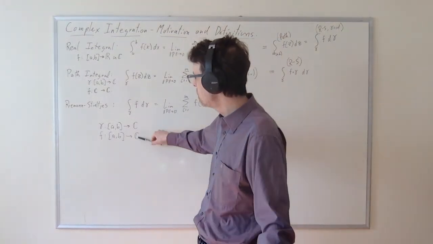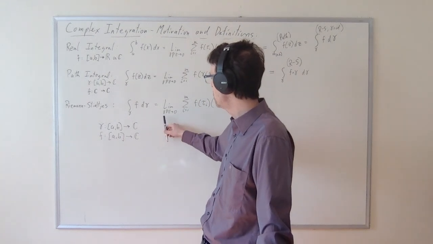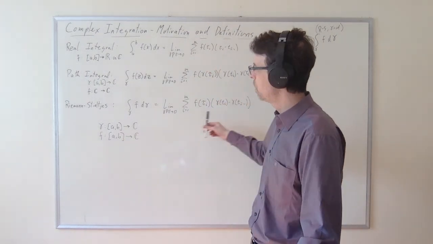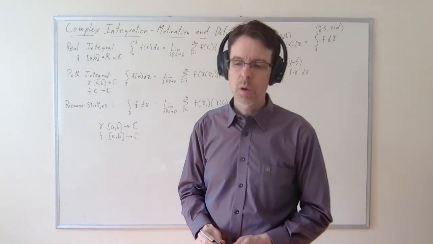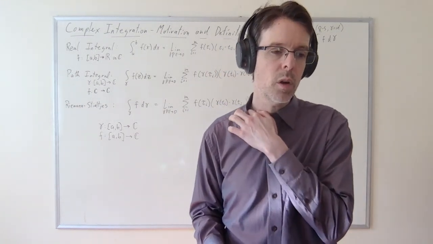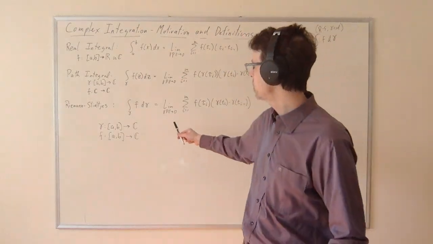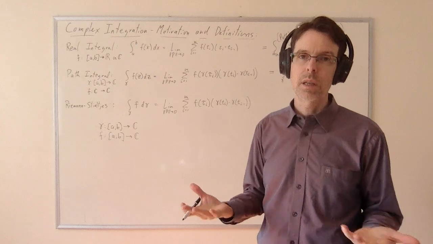Now, if gamma and f don't obey any reasonable properties here, then when we try to calculate this limit, we'll expect this limit won't exist. So we don't need to account for this in the definition, but we do need to find criteria for gamma and criteria for f that will guarantee that when we actually calculate this limit, it does equal something.